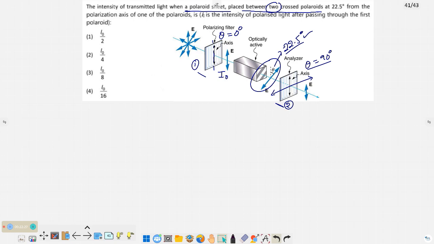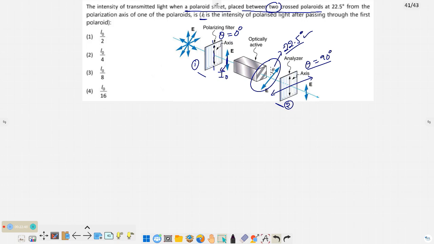We place one of the Polaroids between the two crossed Polaroids. Now the polarization axis of the Polaroid is given. I naught is the intensity of the polarized light after passing through the first Polaroid, and this intensity value is given as I naught.